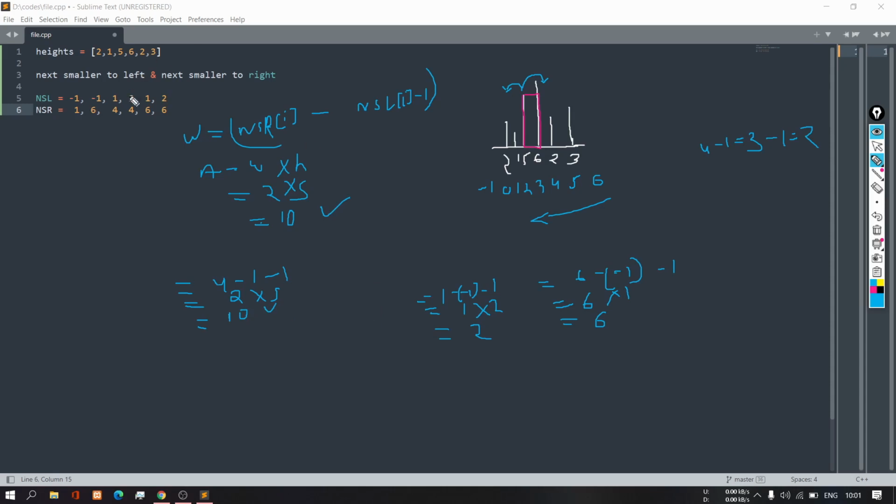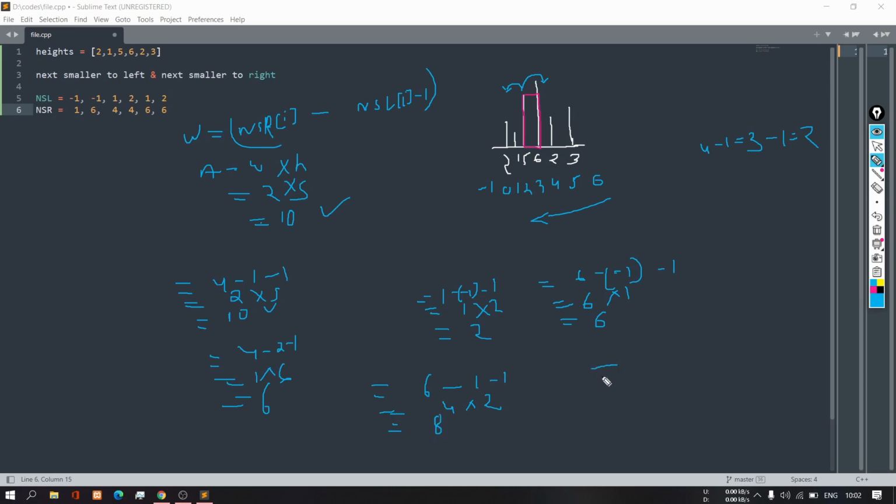Then the next element is 4 again, then -2, then -1, it comes out to be 1, then I multiply it with the height, which is 6, so 6 into 1 is 6. Then the next one is 6 minus 1 minus 1, which comes out to be 4, into 2 because its height is 2, so it is 8.